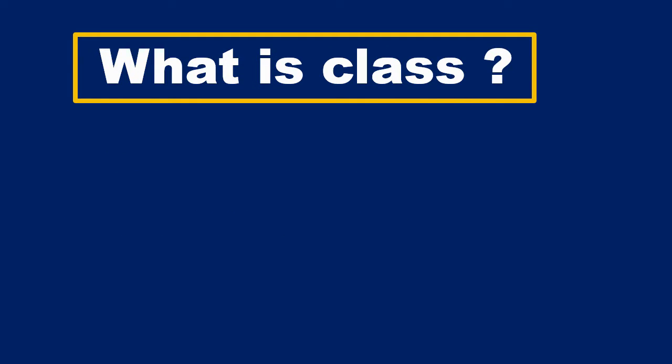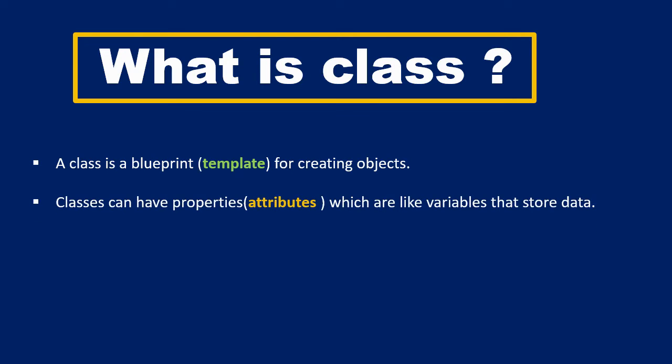What is a class? A class is a blueprint. It's a kind of template for creating objects. Classes have properties, which are also called attributes, and they are like variables that store different types of data in your program.